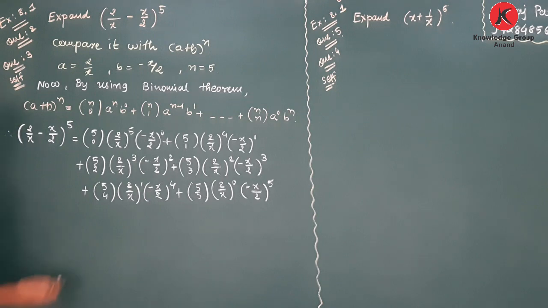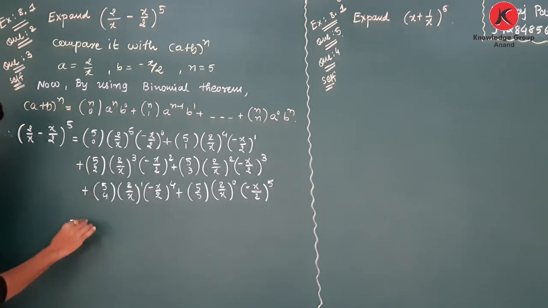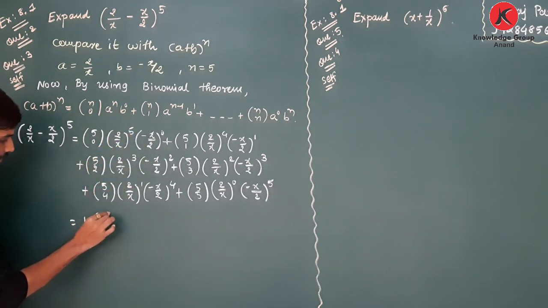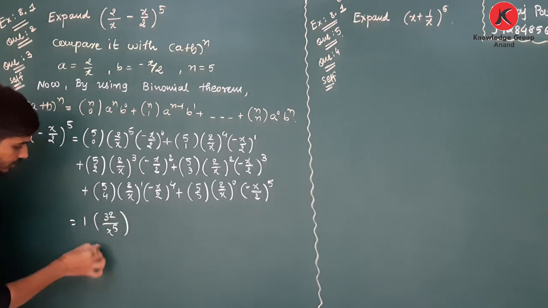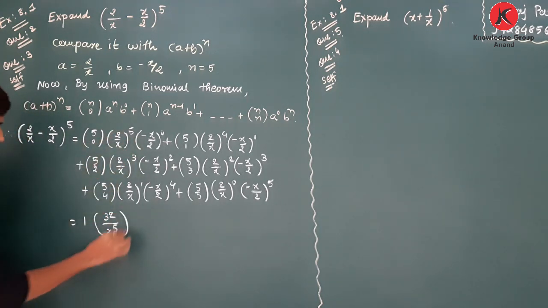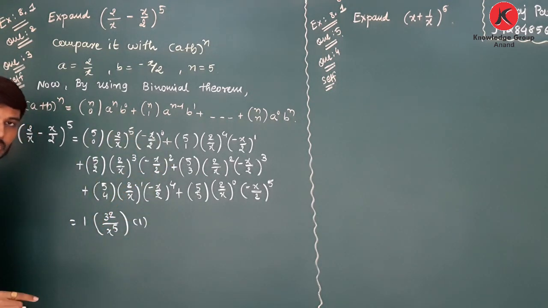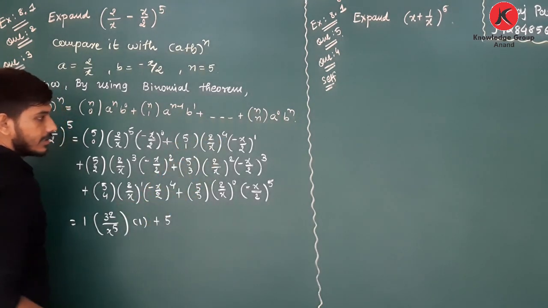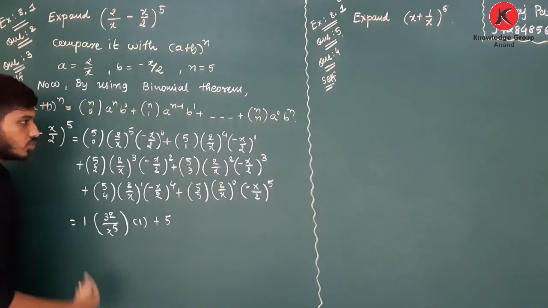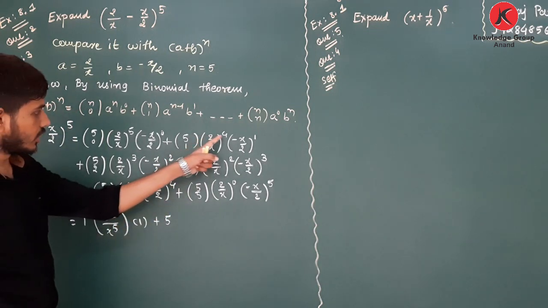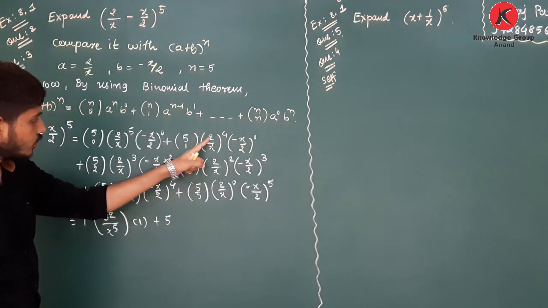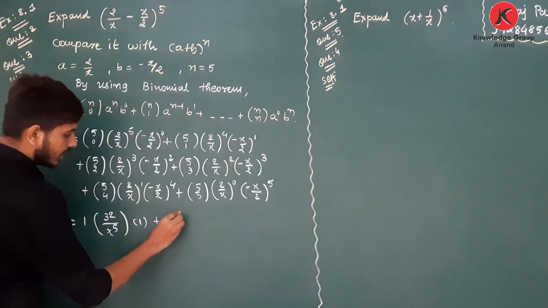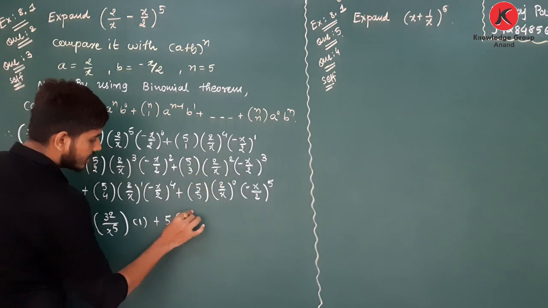Now simplify these terms. We are getting 5C0, answer is 1, into (2 by x) raised to 5, which is equal to 2 raised to 5, 32, divided by x raised to 5, into (minus x by 2) raised to 0 is 1, plus 5C1, answer is 5, (2 by x) raised to 4 (minus x by 2) raised to 1, which is equal to 2 raised to 4 divided by 2 raised to 1. 2 raised to 4 divided by 2 raised to 1 will equal 2 raised to 3, which is equal to 8 here.